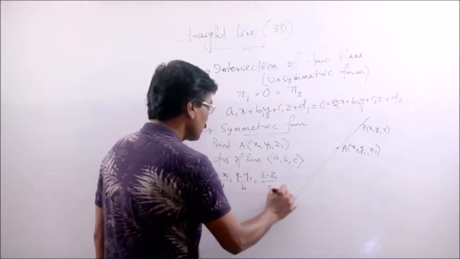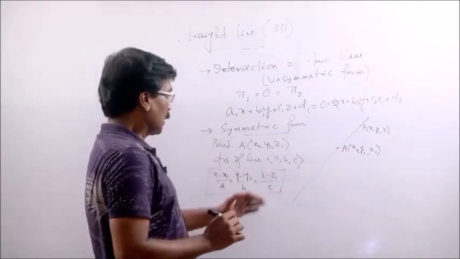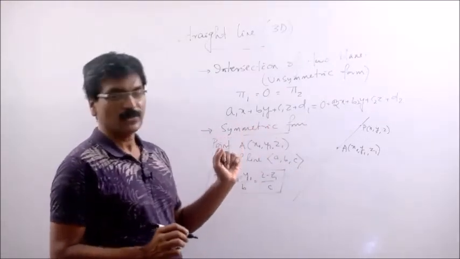So this is called the symmetric form of equation of line.